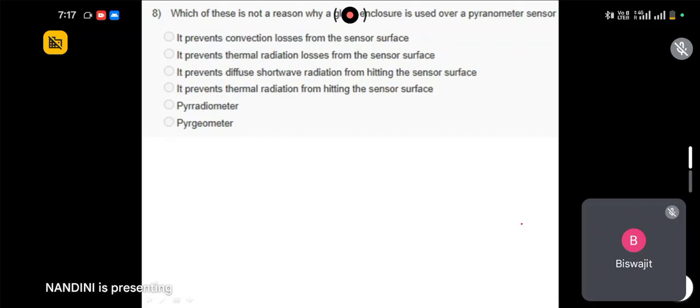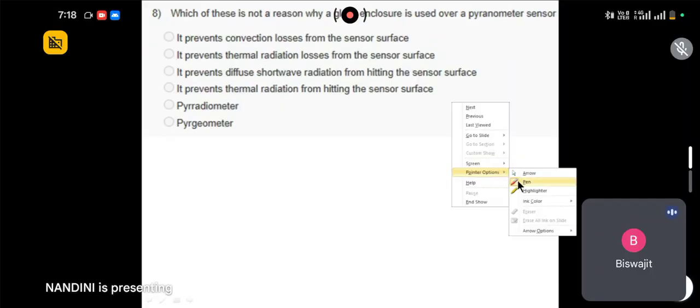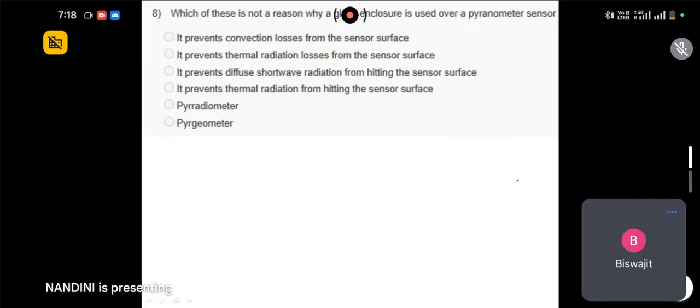So it affects the diffuse shortwave radiation that we are trying to measure. Thermal radiation is what the sensor re-emits after radiation reaches it. Yeah, option C is correct: prevents diffuse shortwave radiation from hitting the sensor surface.